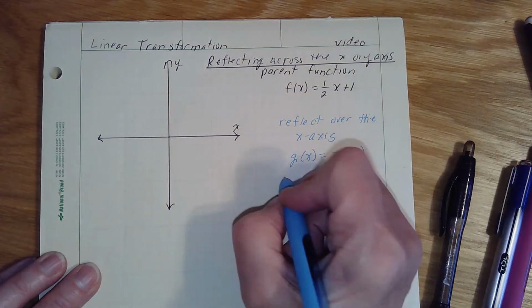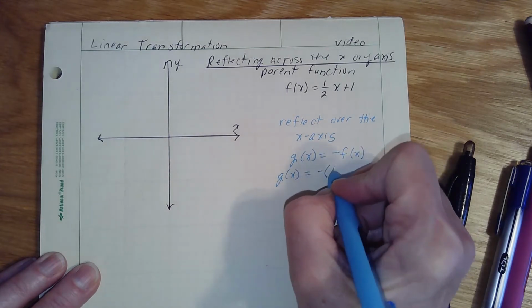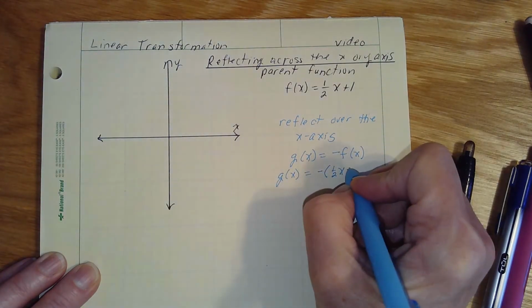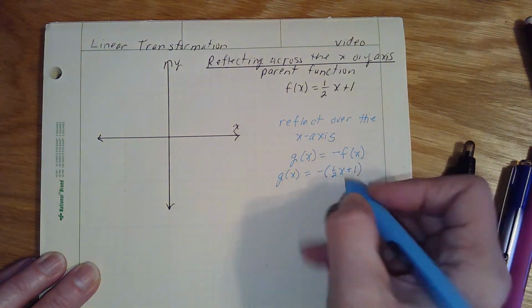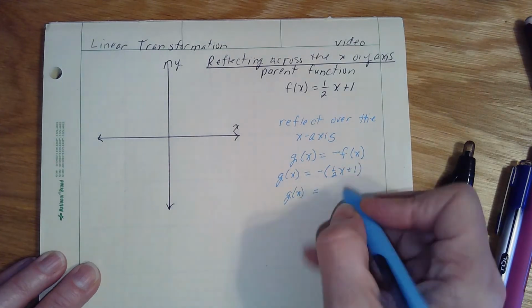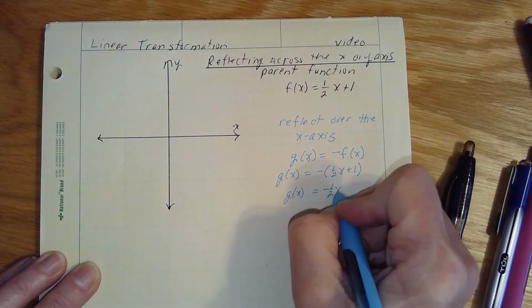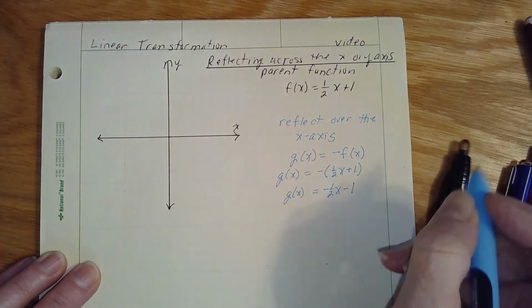So in this case, our g of x would equal the negative of 1/2 x plus 1. Might be easier to graph if I distribute that negative, so that would be negative 1/2 x minus 1.